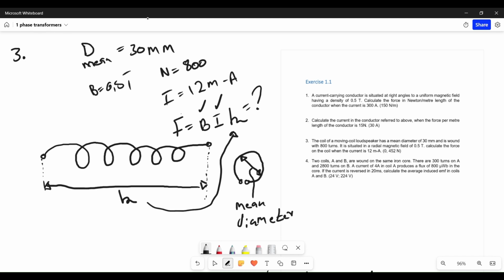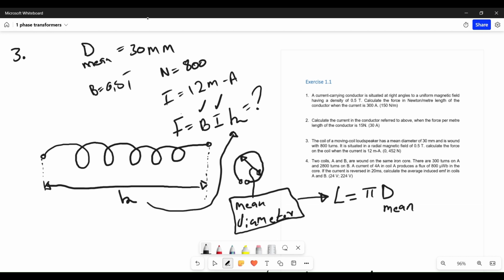It's what we're given. So every time we see mean diameter while we are solving questions related to coils, we remember an equation that says L is equal to pi times d, mean diameter.